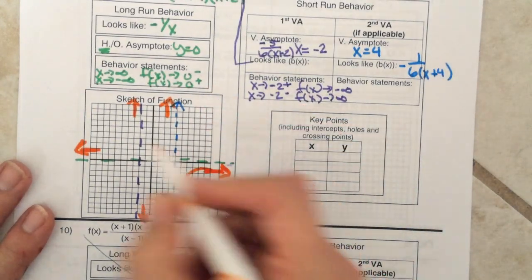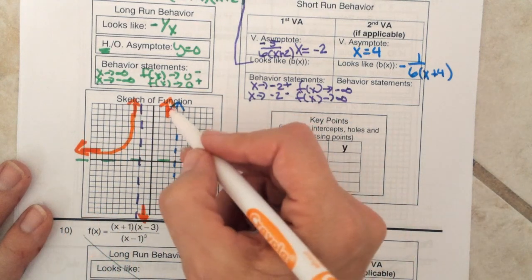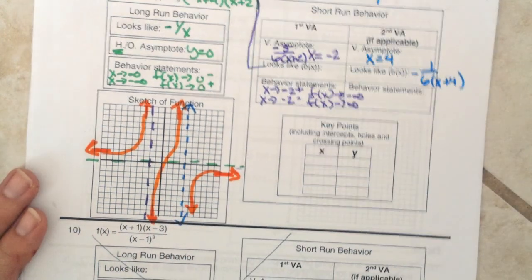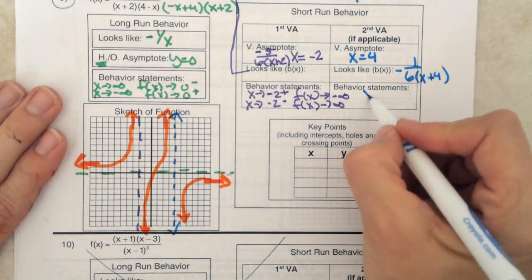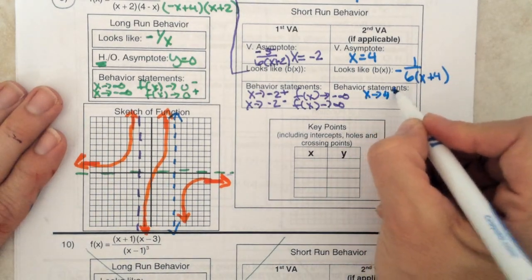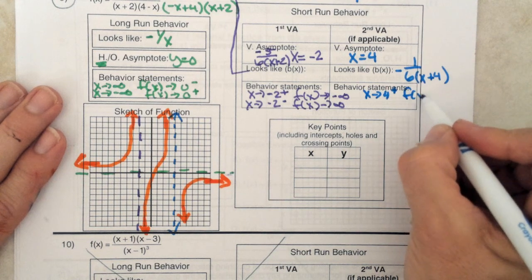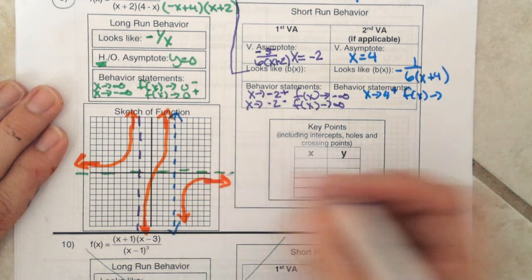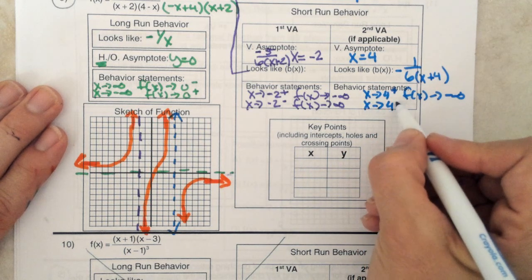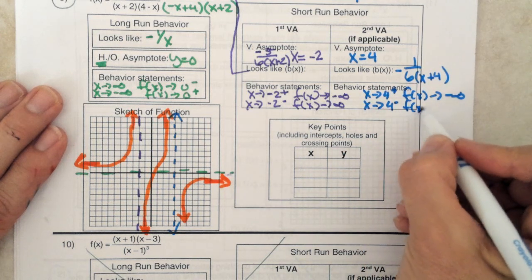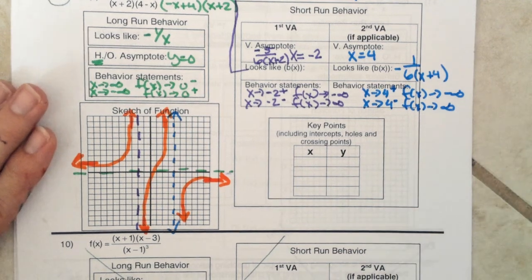So far I know it looks kind of like this. It's not perfect, but it looks something like that. So as x approaches 4 from the right, we're going to go down. And as x approaches 4 from the left, we're going to go up.